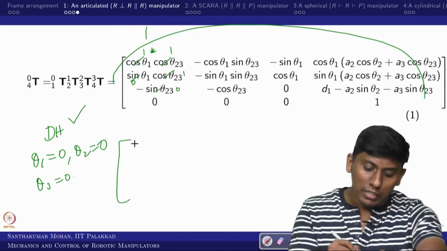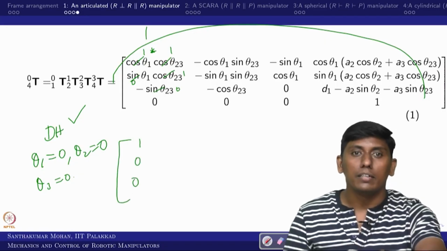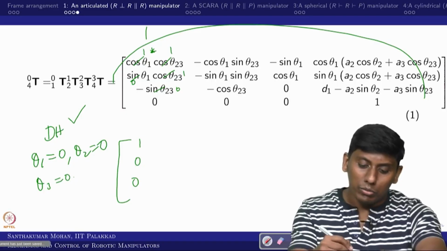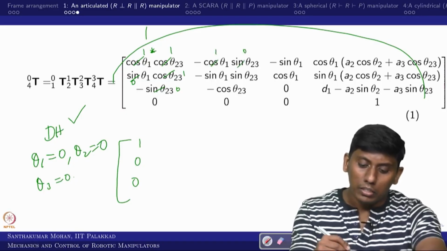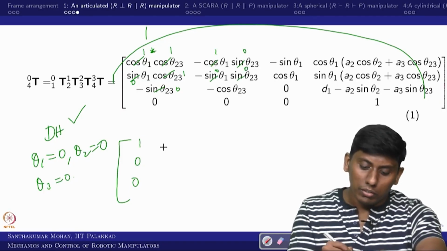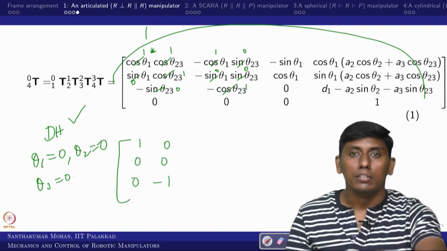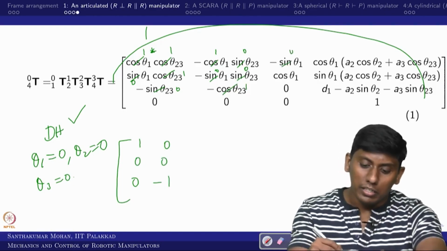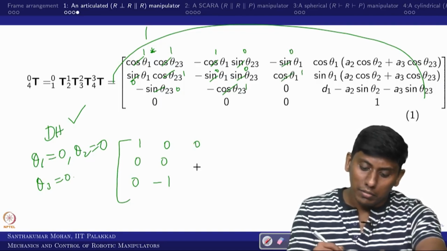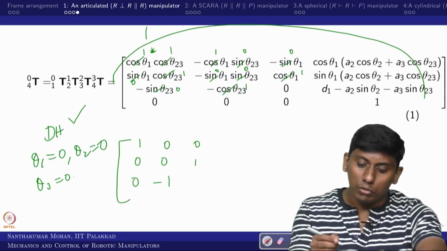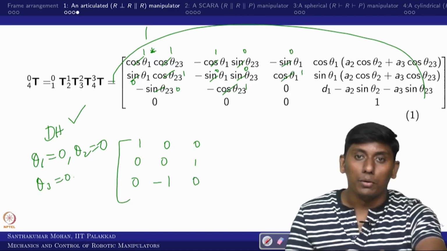In the sense you can see this is giving 1 0 0, right? This is matching. Now you can check here, this is 1 and 0, this is 0 and 0, so 0 0 and this is 1 but the minus is there, so minus 1. This is also matching. Here you can see 0 and this is 1 because theta 1 is 0, right? So cos 0 is 1 and this is 0, right?